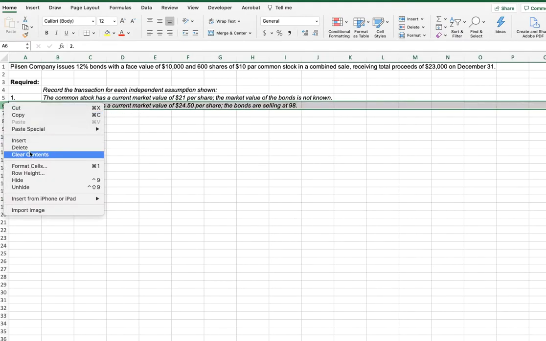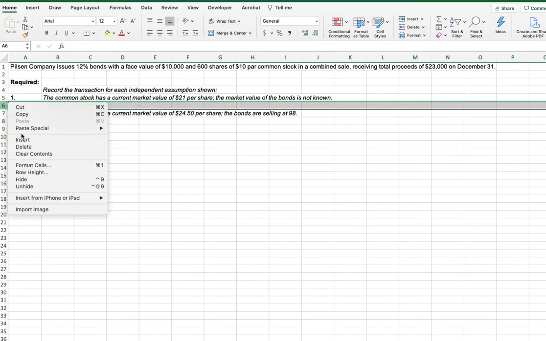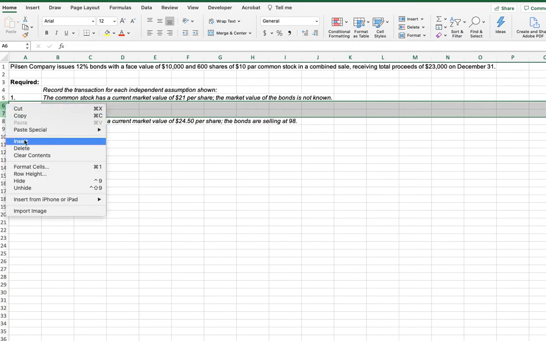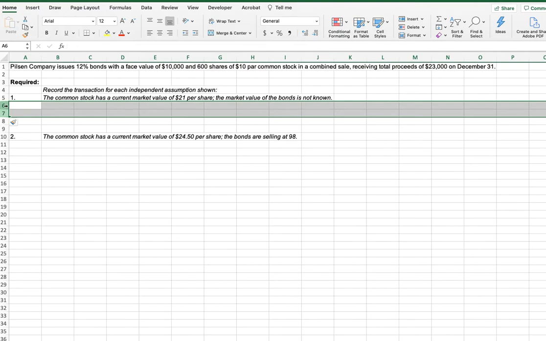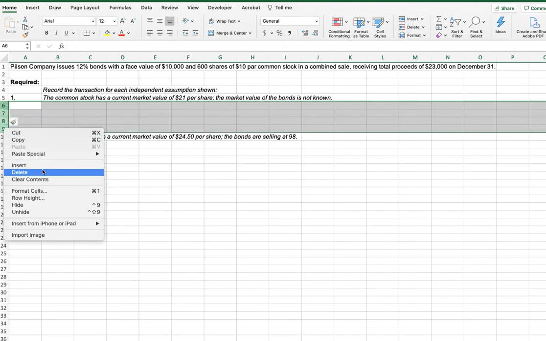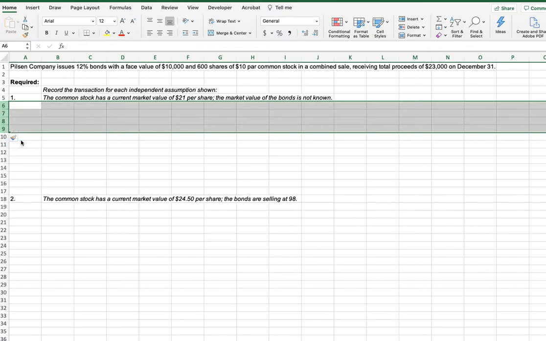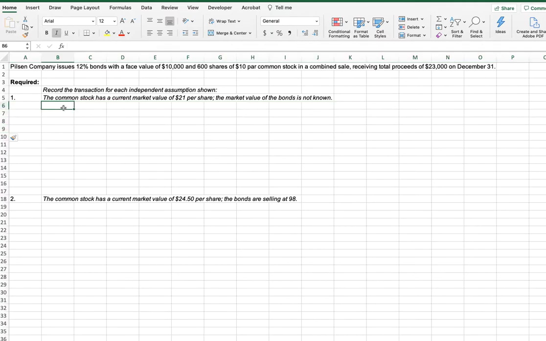I'm going to insert some rows here so we can do it in between. That should be enough. Okay, so before we get to the journal entry, we can just do some of the basic math.